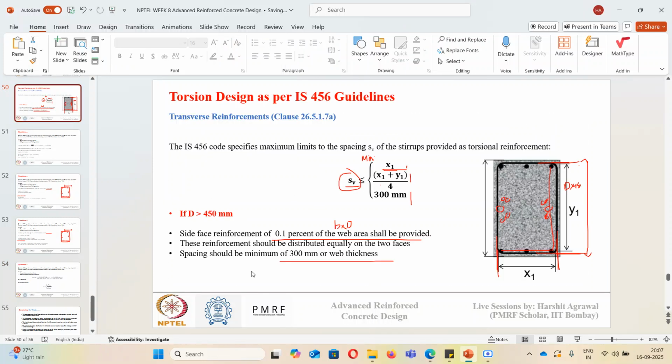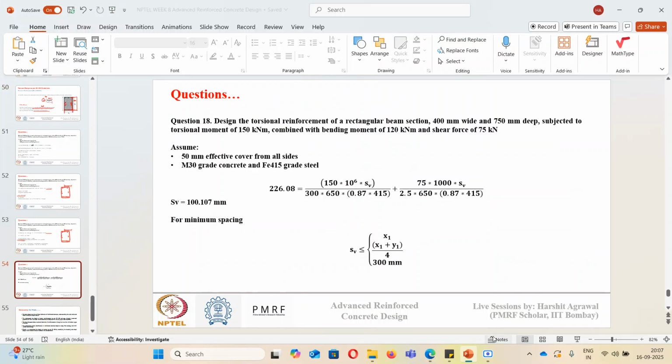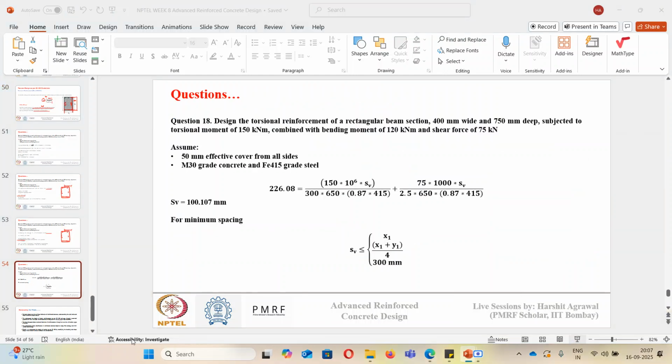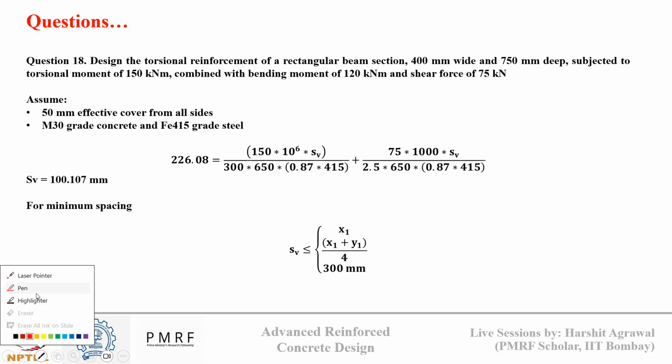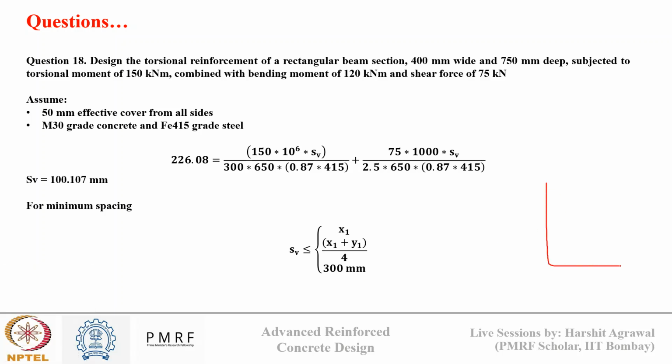So I will draw here. Suppose this is my section. These are my reinforcement at the top, and these are my reinforcement at the bottom, and these are my side reinforcement. So this is total depth, capital D. And this is my cover. Subtracting both the covers we get B1 and D1, for both sides.